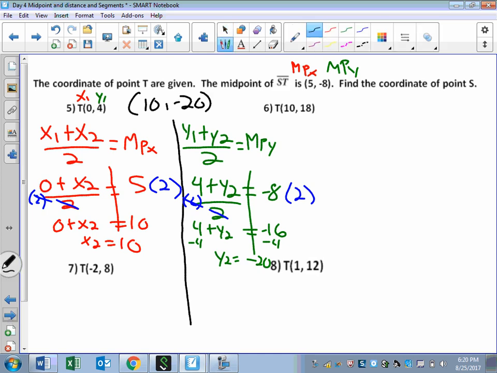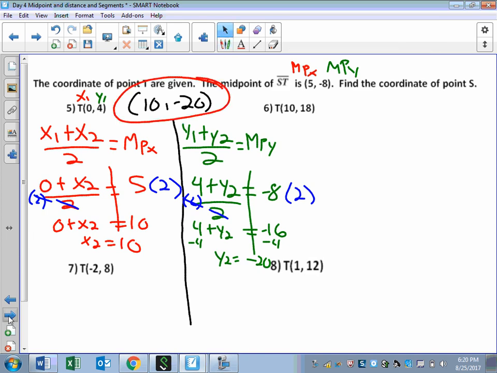So this is our answer. That is our endpoint. So the thing that's going to be changing in each of these problems is your x1, y1. They're going to change the endpoints on them. So this is x1 now, and this is y1.